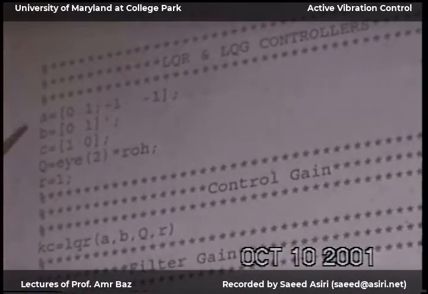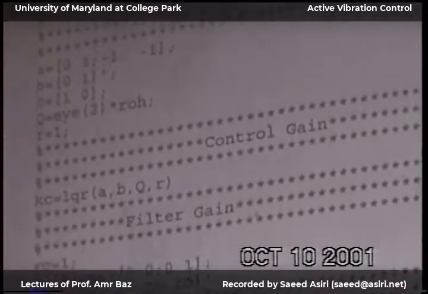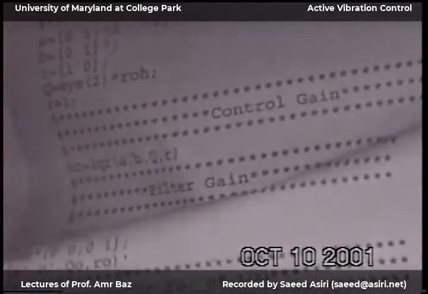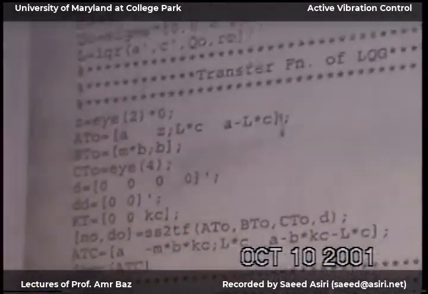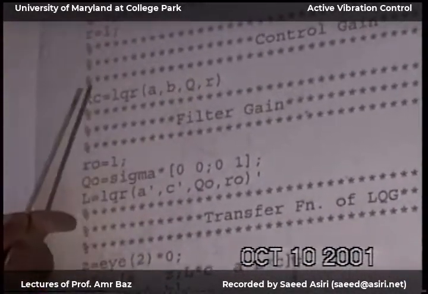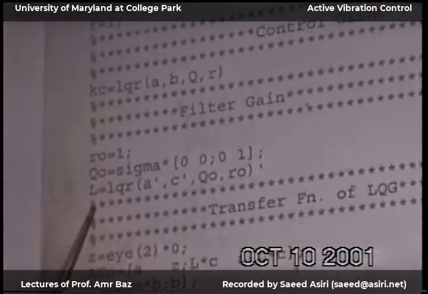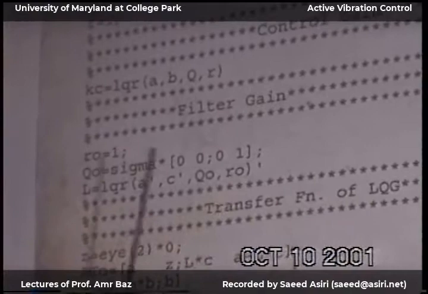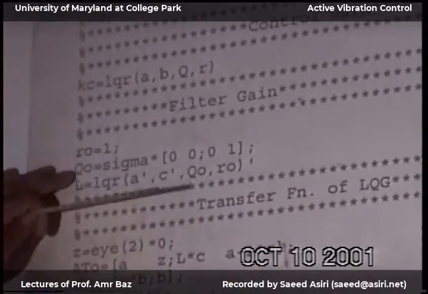Okay, so this is the nominal system. I'm going to calculate the gains again for the nominal system, the gain for all the cases. So now I'm going to calculate the gain for the LQR. That's the gain that I'm going to use for the LQG, exactly the same. The filter, here is the gain for the nominal system. Everything is exactly the same.